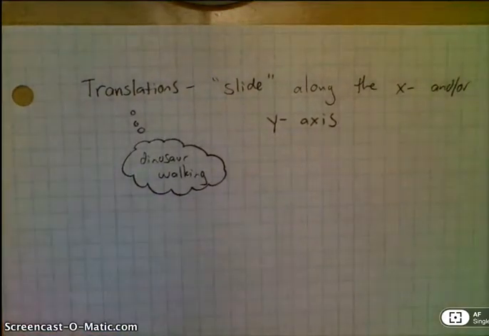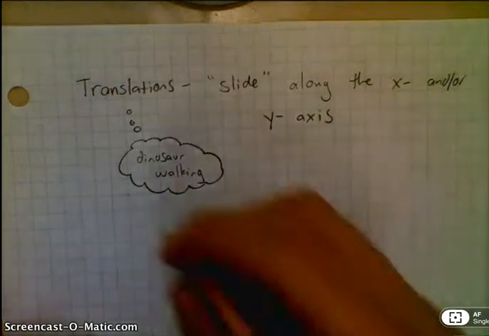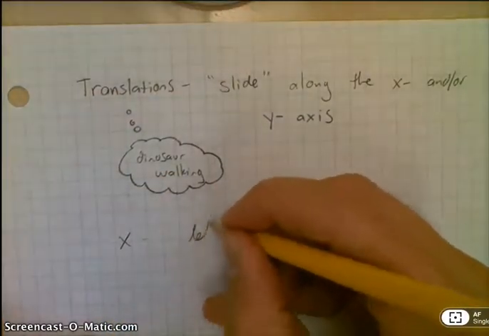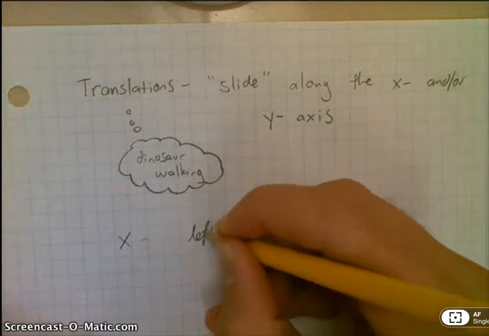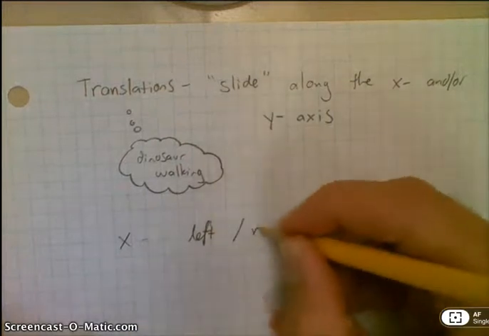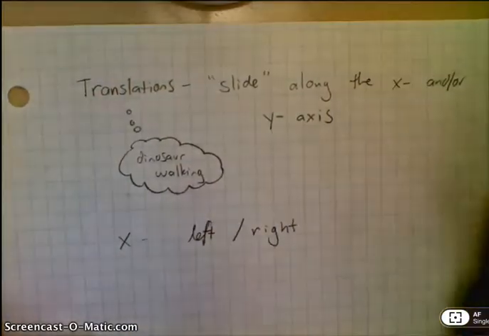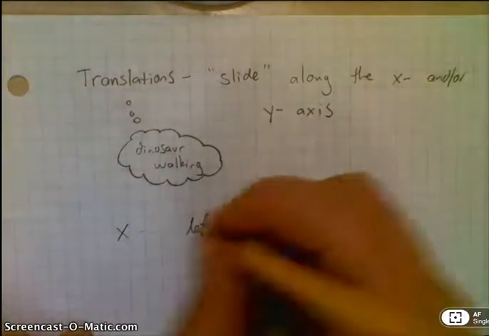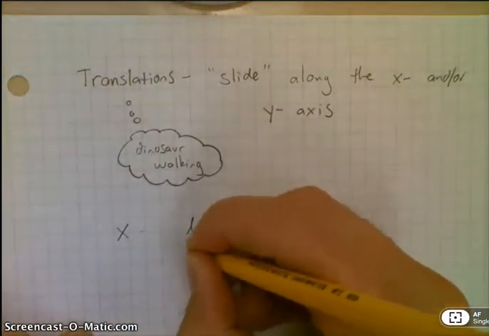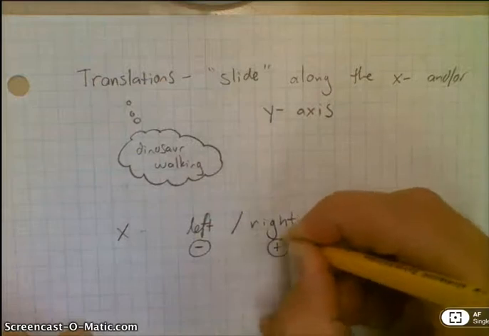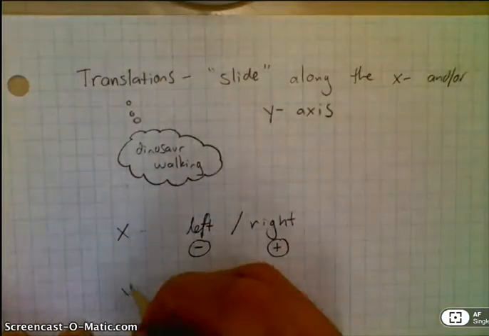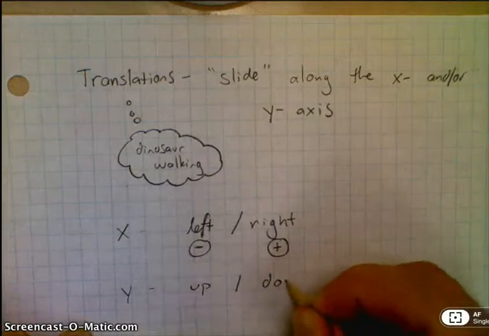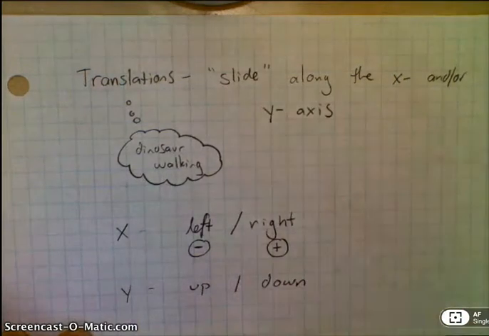In general, we're going to remember that x is left or right. And if you're super on your game, you'd say that for x, left is negative and right is positive.